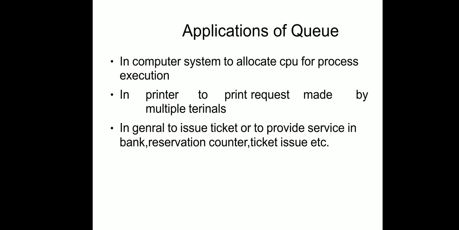Then in a printer, the print request in the spooler at the first location will get the first response, right? And in a general reservation counter, ticket system, or anywhere you are going to order something, in that case we are using a queue. So queue is also a good type of data structure you use in general life.